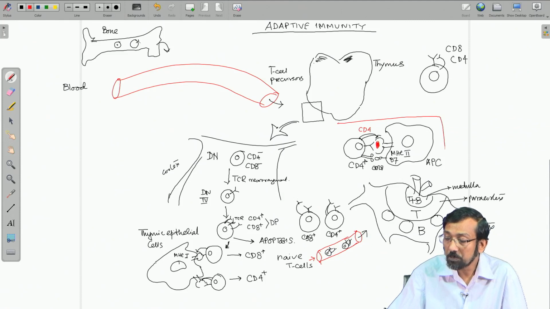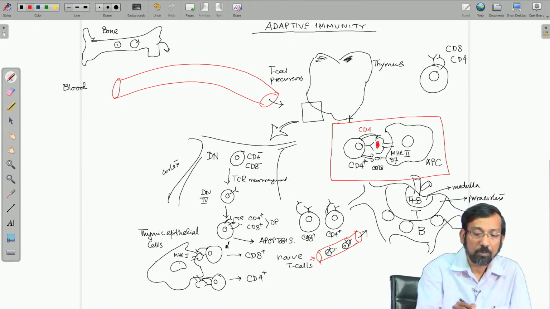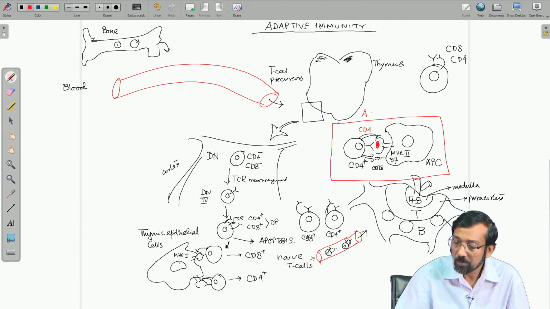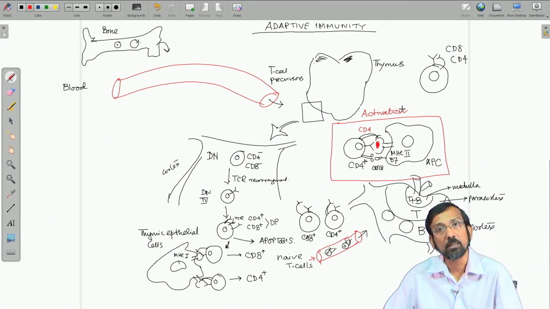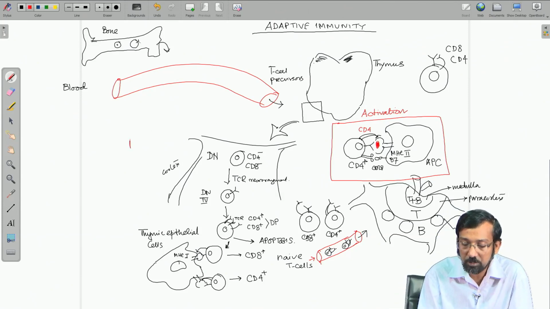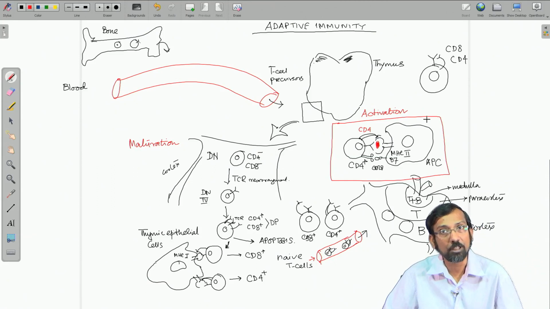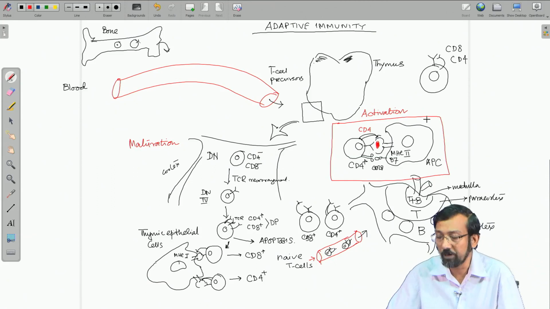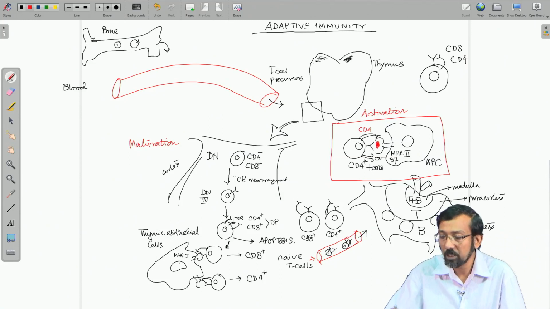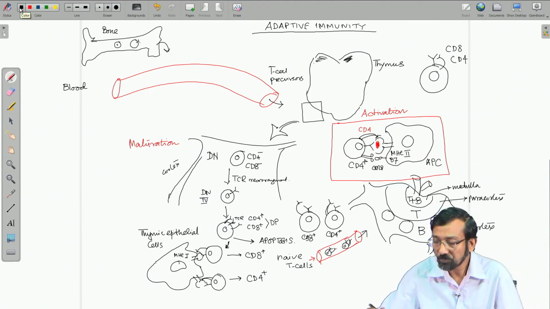This interaction is particularly vital for the activation of the T cell. So, we call this the activation. So, this part is the maturation and this part is the activation. Now the T cell is activated after all these three interactions are complete. So, it gets activated.